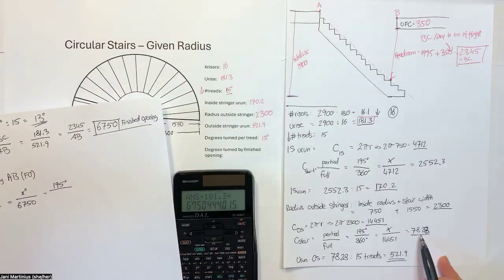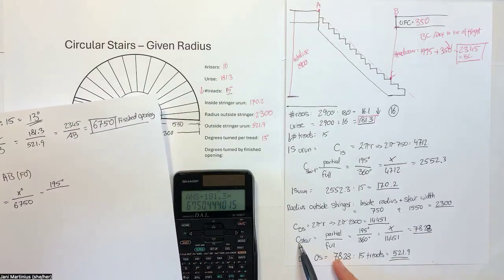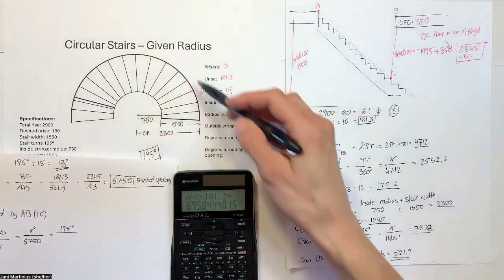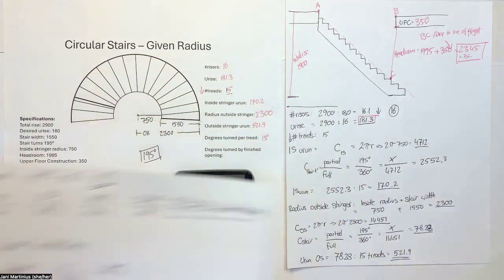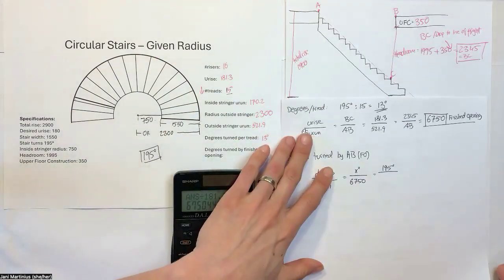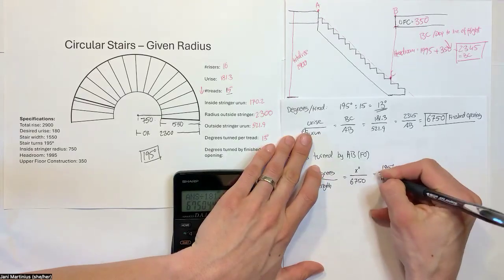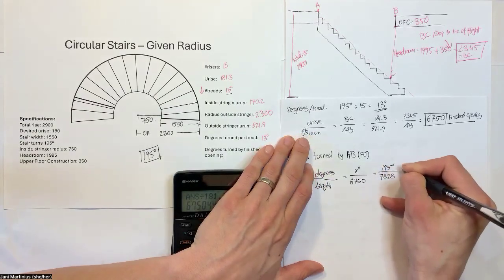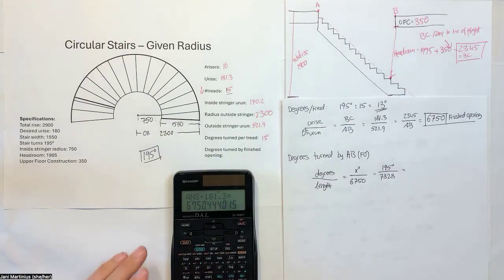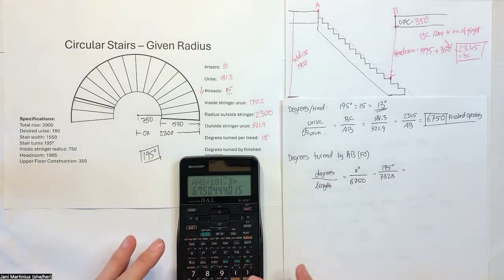The 7828, the circumference of our stair over the 195 degrees. So 7828. Pop that in here. Here we go. And now we just, again, cross multiply and divide. 6750 times 195 divided by 7828.